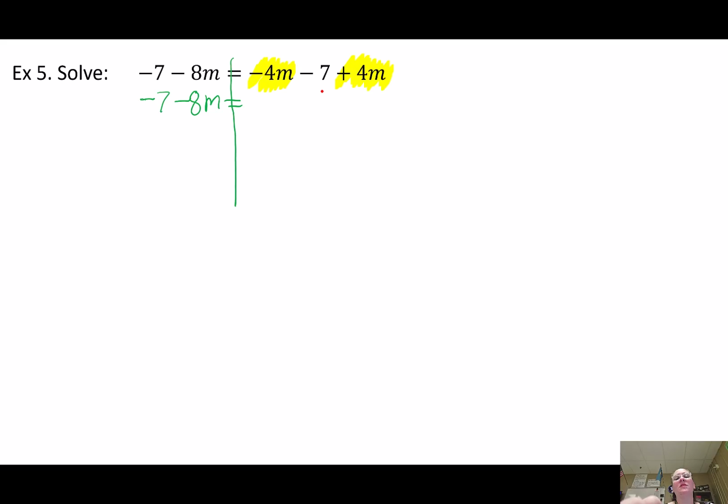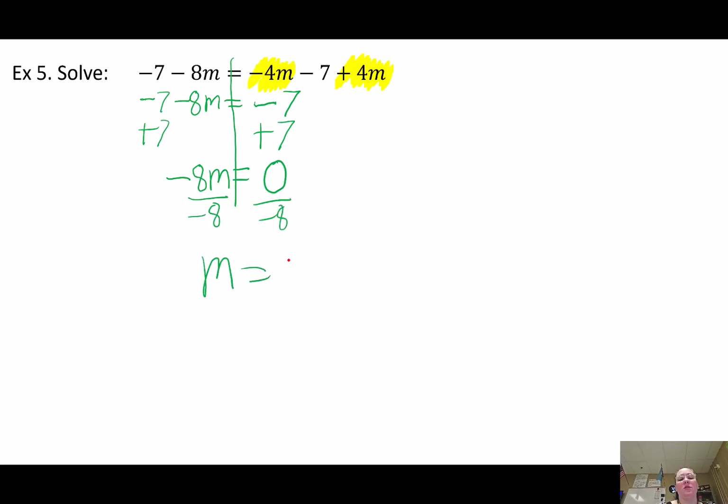Well, negative 4m plus 4m is 0m. So the m's cancel out there, and I'm just left with negative 7. From here, I can add 7 to both sides. Negative 7 plus 7 is 0. Divide both sides by negative 8. So m is equal to 0. And remember, 0 can be a solution.